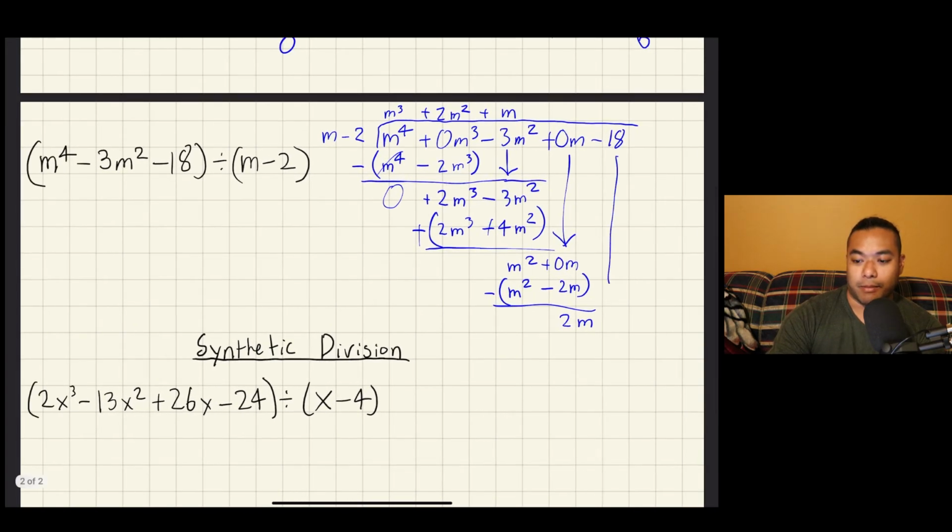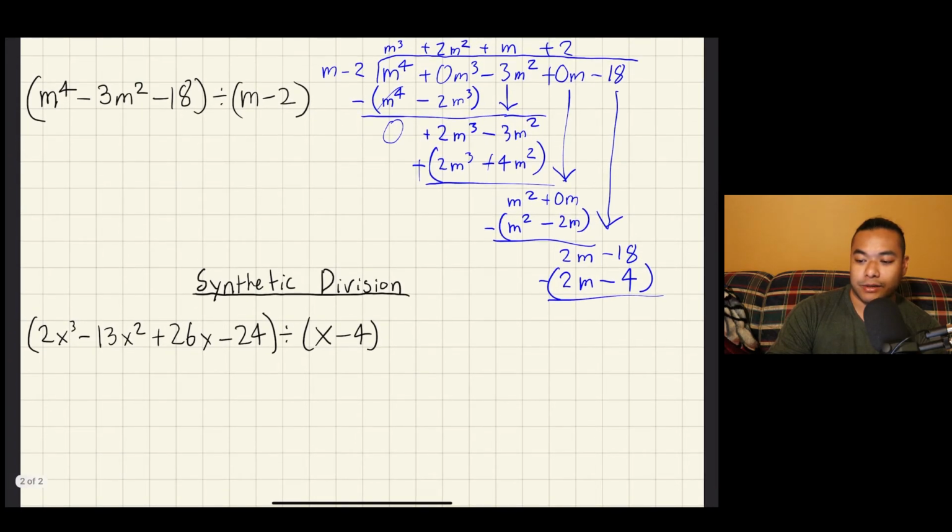And bring down my minus 18. How many times does m go into 2m? It only goes positive 2 times. So 2 times m minus 2 gives me 2m minus 4. Subtract all of this, and the 2m's cancel. Negative 18 plus 4 is negative 14.